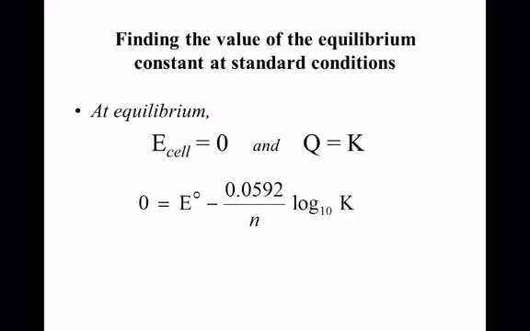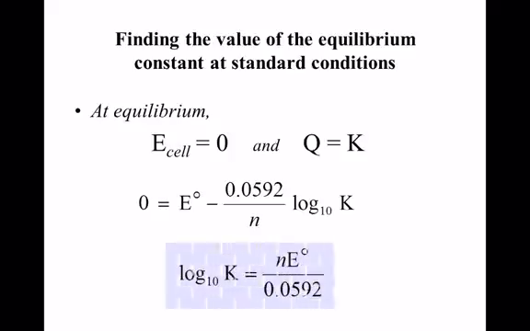Then if we move E0 of the cell to the other side and multiply by n over 0.0592 on both sides, you end up with this. I guess it's not so complicated. We get the log of your equilibrium constant K is equal to n times your standard cell potential divided by 0.0592. So that's kind of fun.